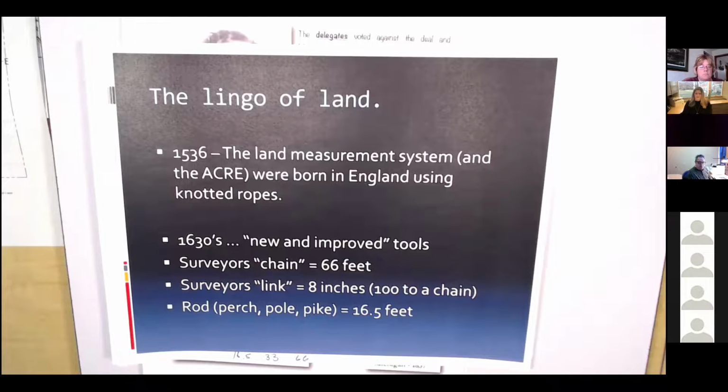It took them 100 years to evolve from the knotted rope to a standard size chain. And that chain was 66 feet in length, and a chain became the unit of measurement.